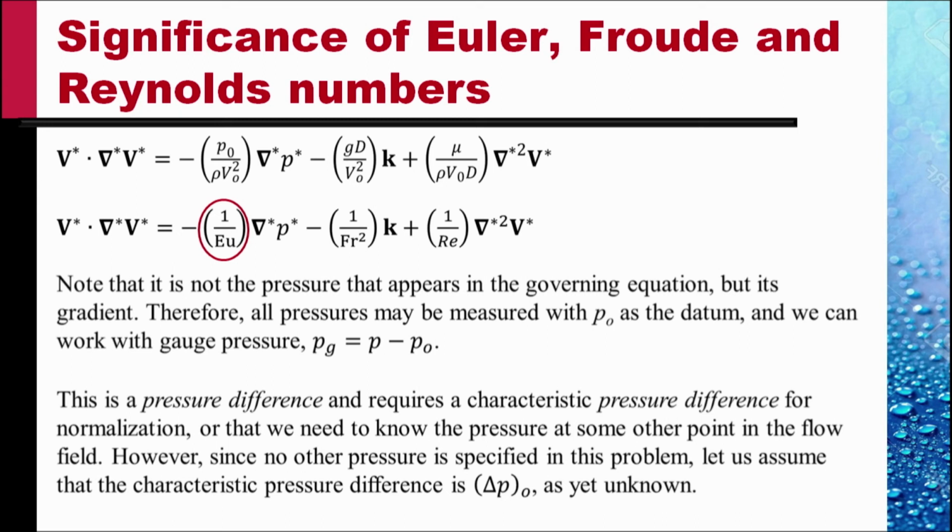However, in this problem, there is only one pressure P naught specified, and there is no other pressure specified. So, let us assume that the characteristic pressure difference is delta P sub naught, which is as yet unknown.